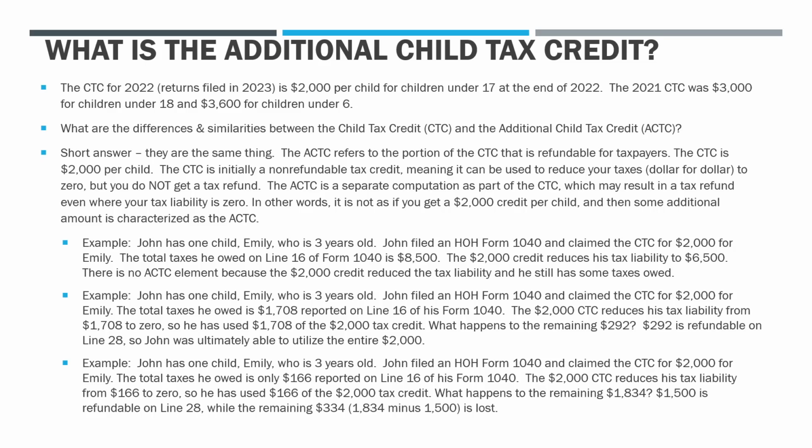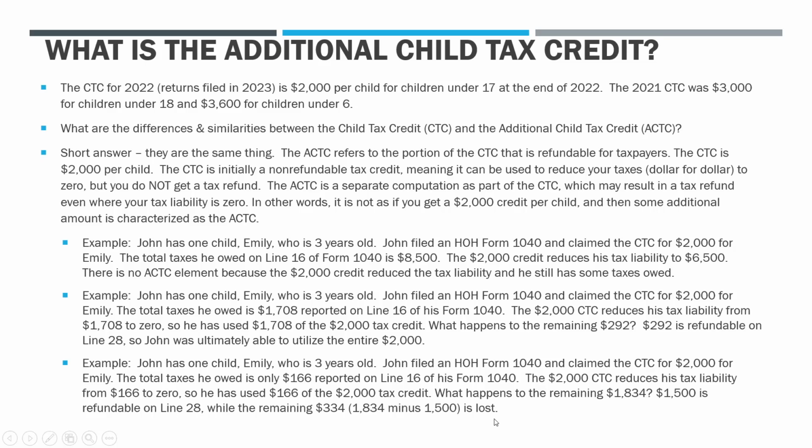That's just lost. You can't get that money. So of the $2,000 CTC, 166 is that non-refundable portion. Again, that just wipes out your tax. And then the extra amount is unfortunately capped at $1,500. So although he was looking for the extra $1,834, only $1,500 is available, and so that's all he's going to get.